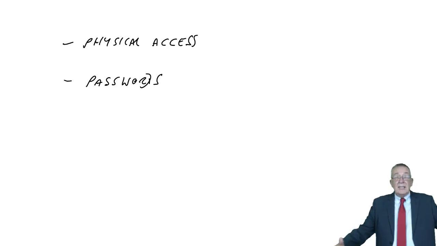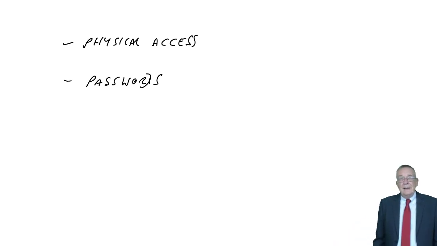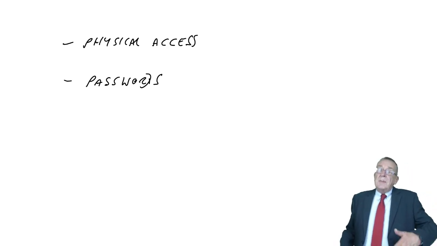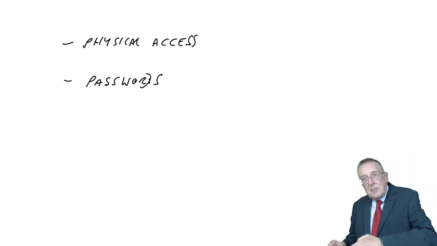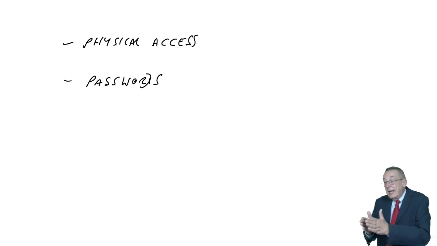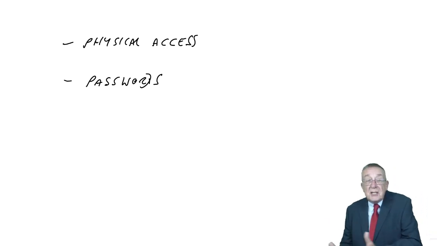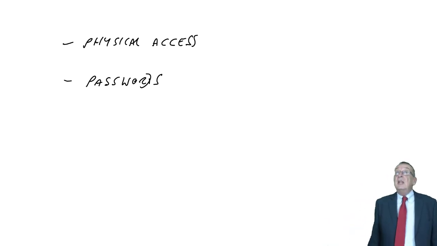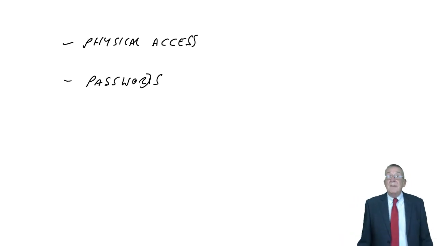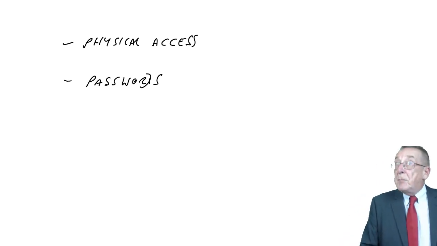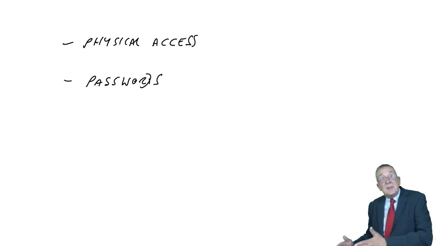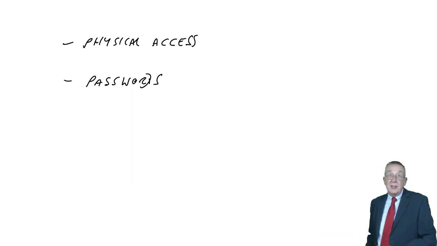But the computers are all linked together. And so we must make sure that those people in the accounts department, their password lets them look at accounts information, but doesn't let them see human resources information. And equally, people in human resources, their password lets them see employee information, but doesn't let them see other accounting information.